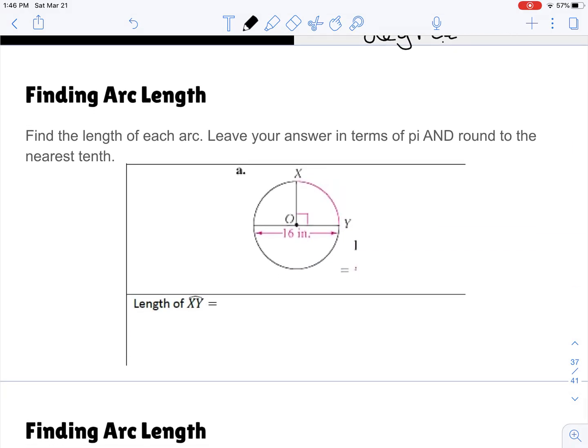So looking at this first example here, we're going to find the length of each arc. I'm going to do 2 examples for you. We're going to leave our answer in terms of pi as well as rounding to the nearest tenth. So we want to find the length of arc XY. We know it's the minor arc, because it's using only 2 letters.